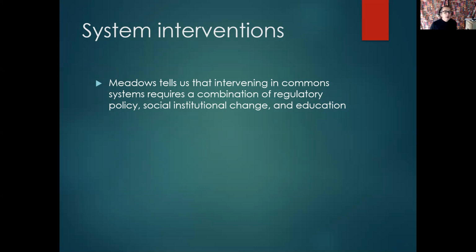That intervening in common systems, I think it's chapter 6, right, requires a combination of regulatory policy, social institutional change, and education. So if we wanted to address some of the negative consequences of those land use patterns that people are often highly invested in, that is a very interesting system challenge.